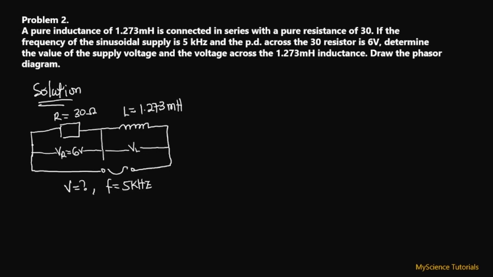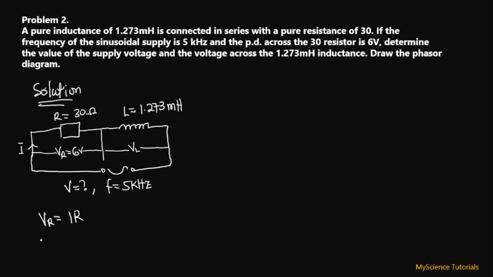Now, in this AC circuit, because the components are connected in series, the same current flows through all of them. And since we have the resistance over here and the voltage across this component, we can use these two to find the current, and that will be the same current for the entire circuit. So let's go ahead and do that. We know VR, the resistive voltage, is equal to IR.